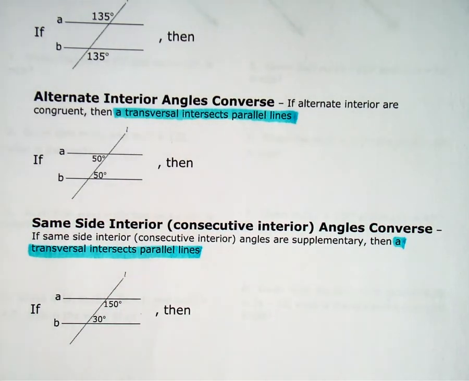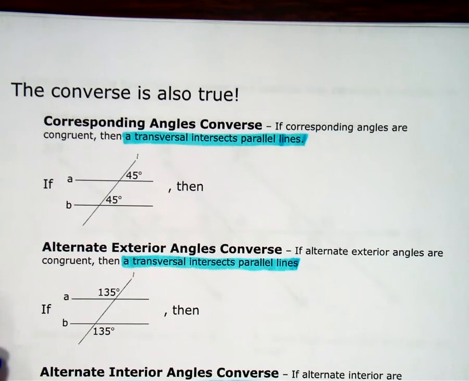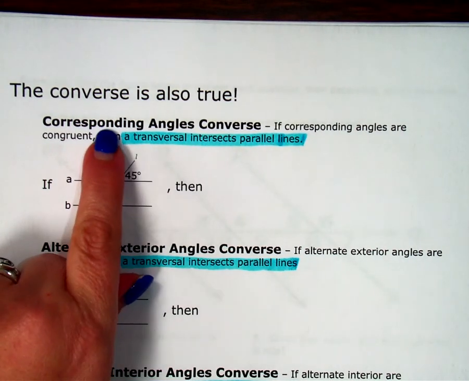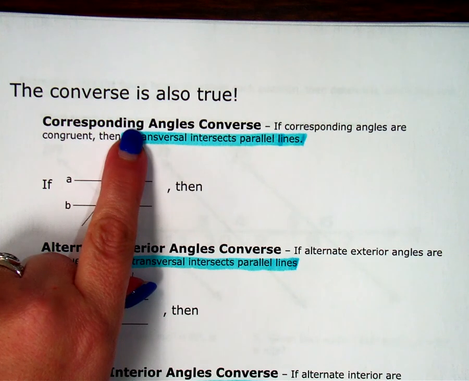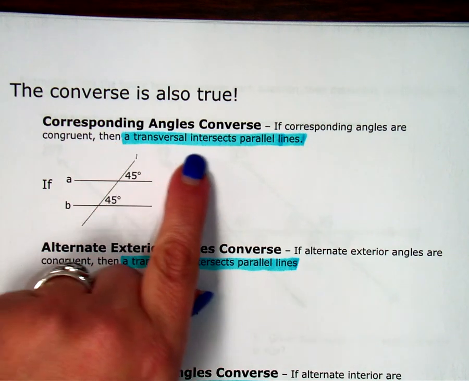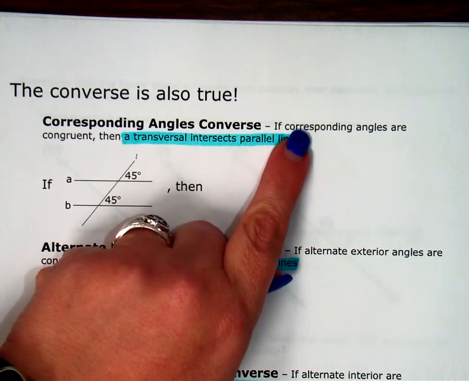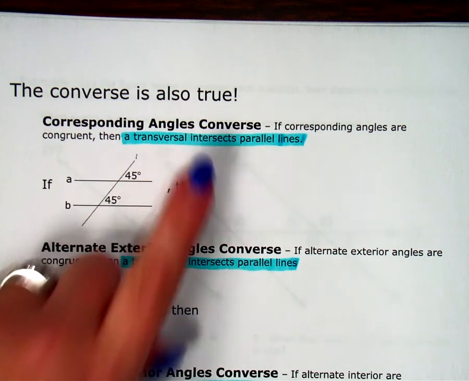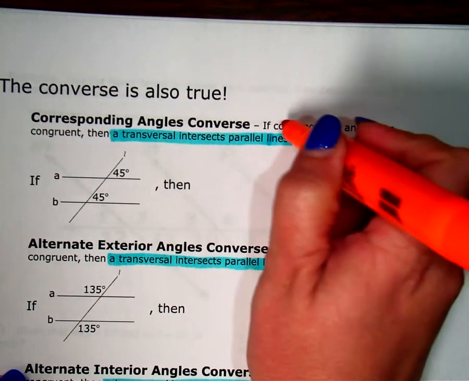And what was my conclusion moves to the front. So before, for my corresponding angles theorem, it started with a transversal intersects parallel lines, then my corresponding angles are congruent. The converse switches those: if corresponding angles are congruent.